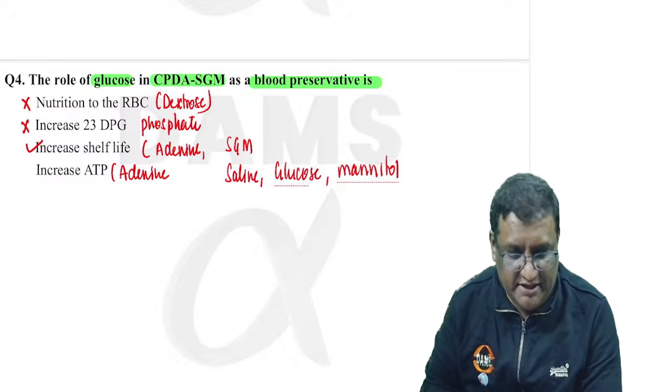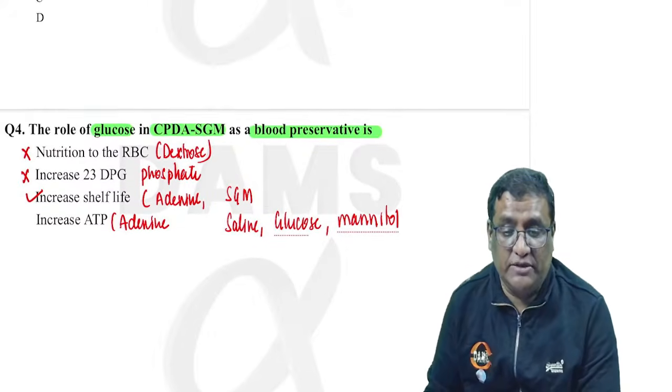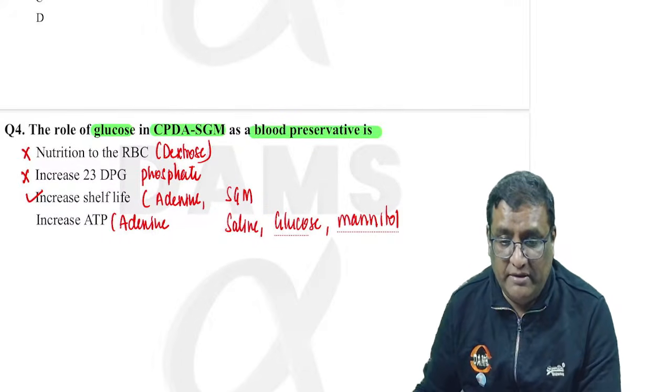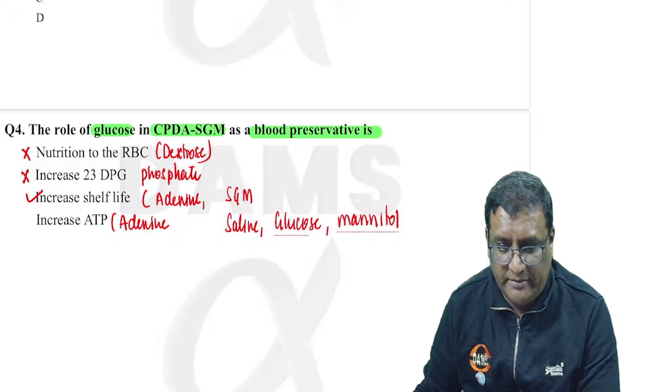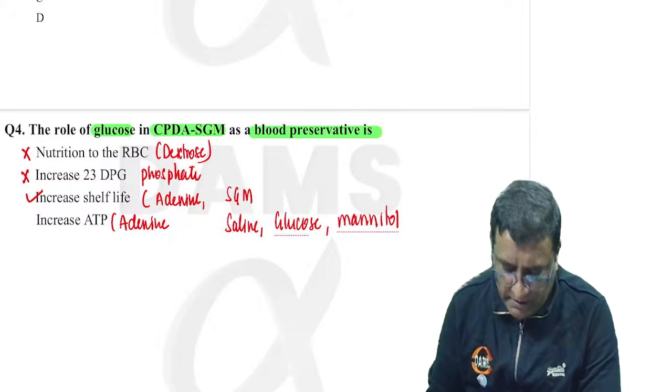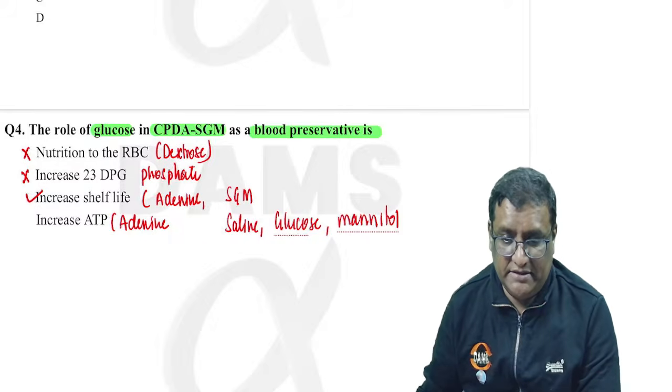So yes, increased ATP increases shelf life, right? Saline glucose and mannitol all increase the shelf life by preventing swelling of the RBC.